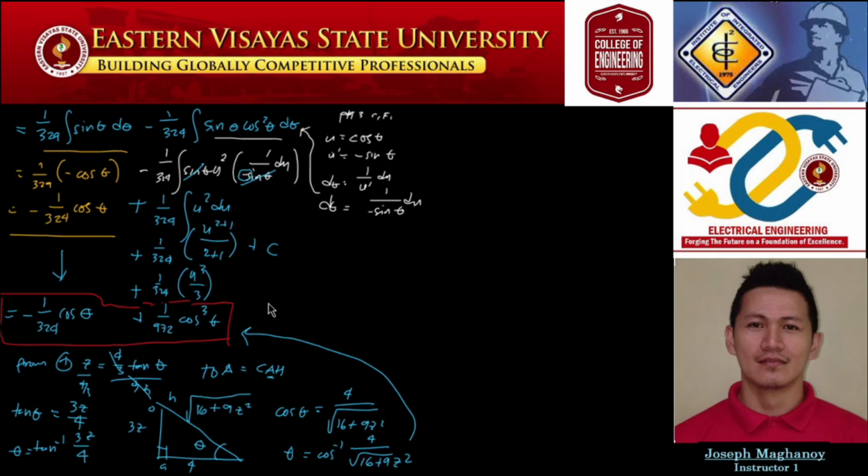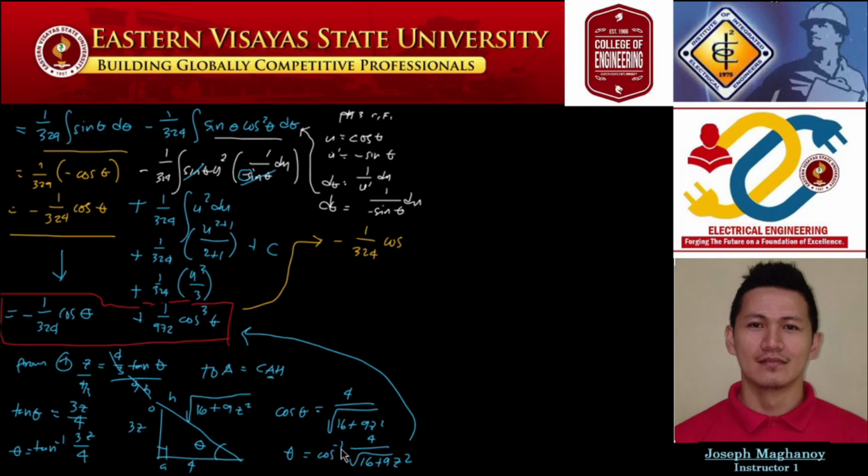Okay, we rewrite this one here. Maybe we can use some space. So -1 over 324 cosine, and substitute our theta.